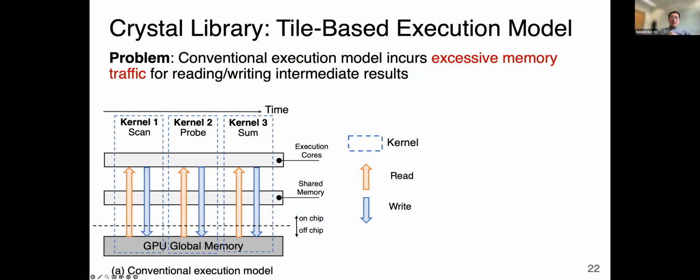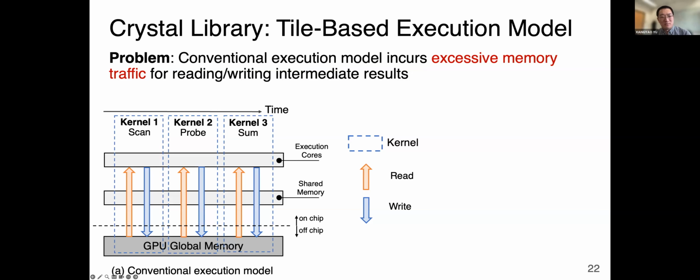Here's the problem we are trying to tackle in this first paper. We found that in the conventional execution model in GPU, there are multiple kernels, and each kernel performs one operation. Let's say you want to scan some data, then do some filtering, and then some aggregation.